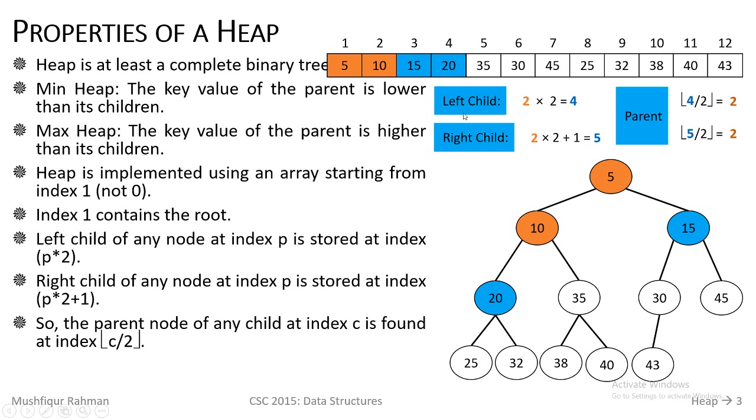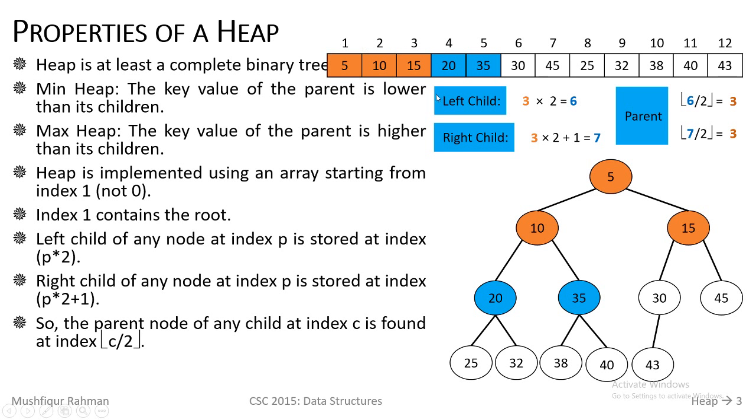The right child will be 35, since 2 times 2 plus 1 is 5, index 5. Now I have to change our parent. 4 divided by 2 is 2, and 5 divided by 2 is 2, so index 2 is the parent. Next, the left and right child shift.